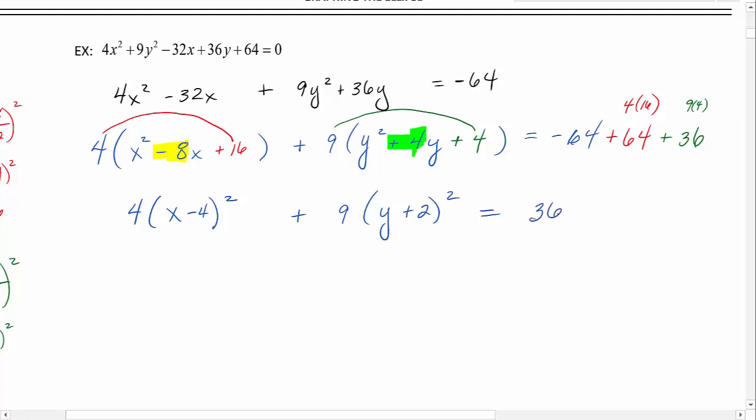Wonderful, we've made it through the completing the square portion, but we're still not quite in standard form. Remember that our standard form is always equal to 1, so what we want to do now is divide through by whatever that constant is on the right-hand side, because that'll make it equal to 1.